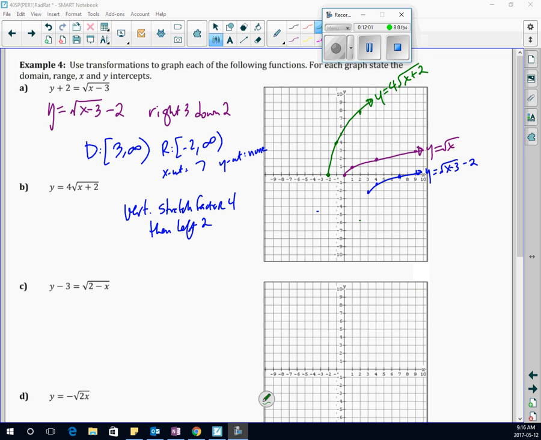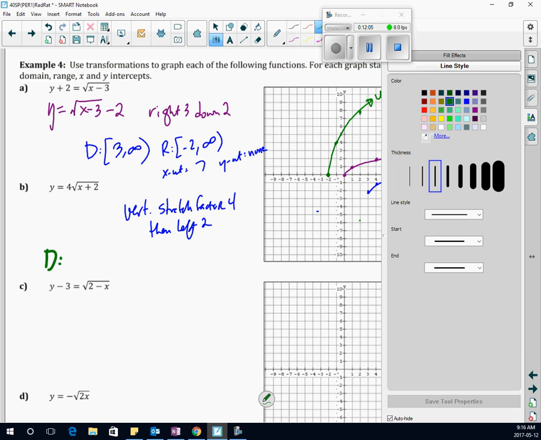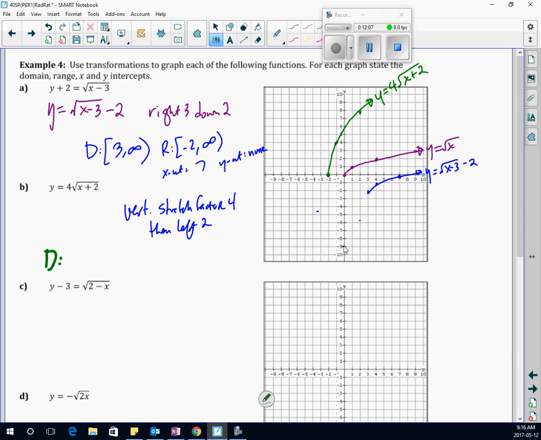Okay, so domain and range. What's the domain? -2 to infinity, and my range is 0 to infinity. My x-intercept is -2.